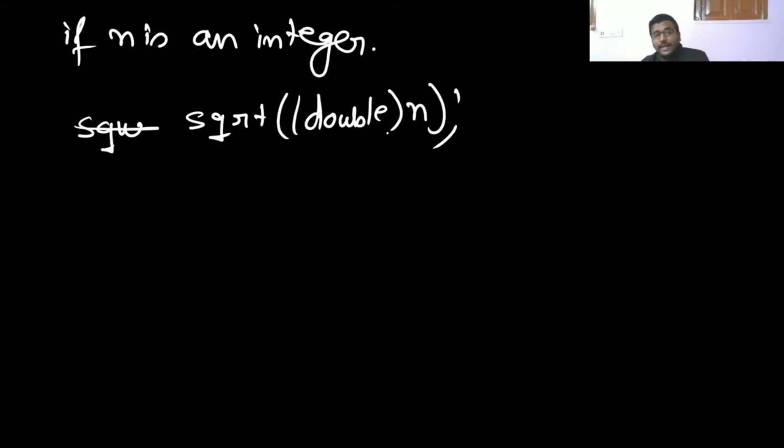It does not mean that n is going to be converted. It means that the expression is now passed as a double. Okay, so the cast, this is very important, don't get confused. The cast produces the value of n in the proper type.